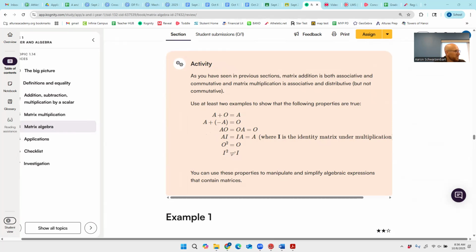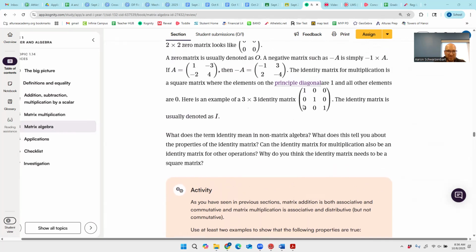Cause like I thought order mattered, so why are we able to switch the order with the zero and the identity matrices? Okay, so order does matter. Why can you switch the order? Because of all the zeros. And you can change the order because you're only doing square matrices.